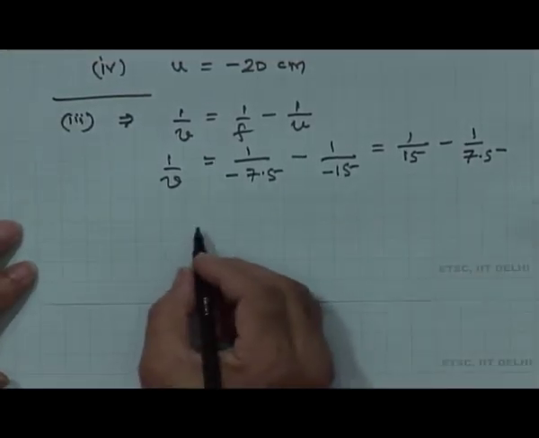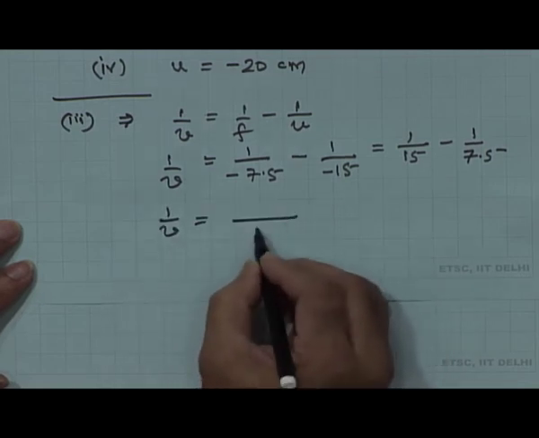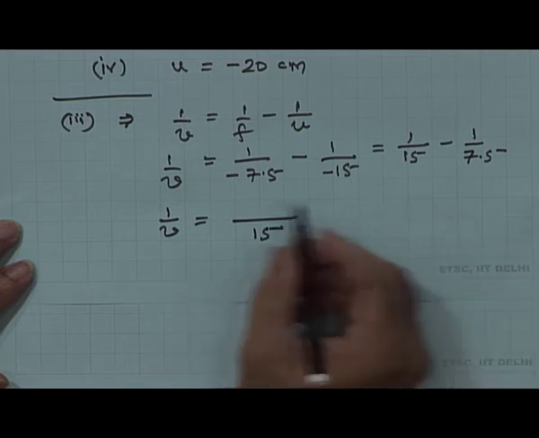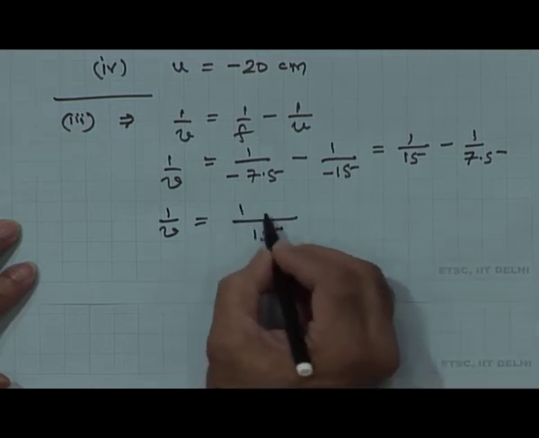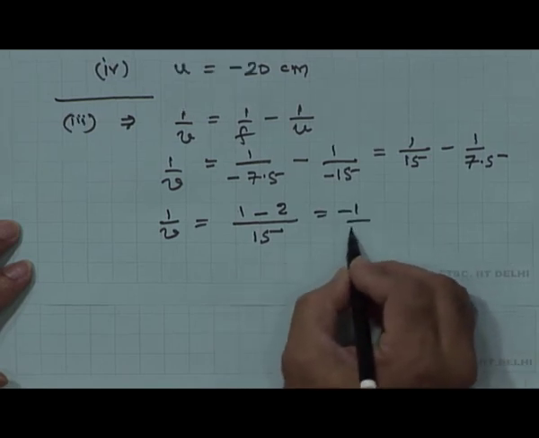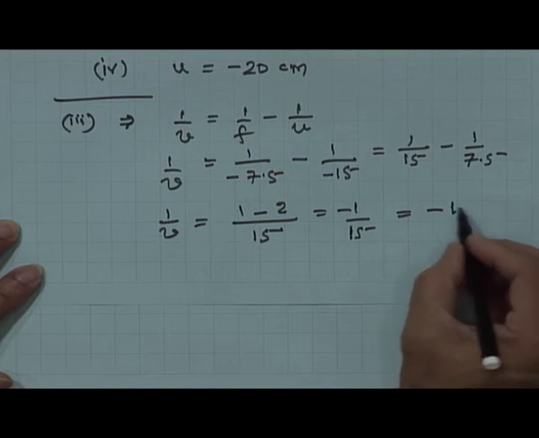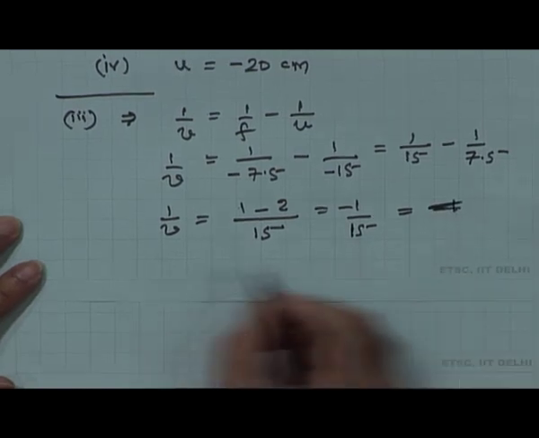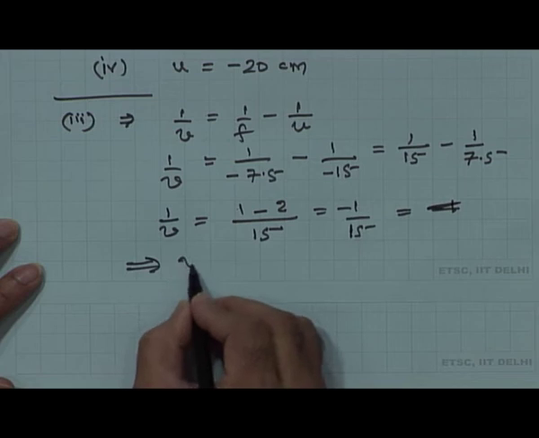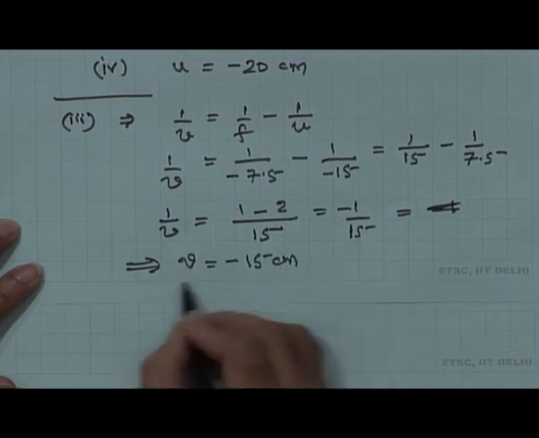So, 15 is the common denominator. So, we have 1 over v is equal to 1 minus 2 over 15, which is minus 1 by 15. So, this implies v is equal to minus 15 centimeters.